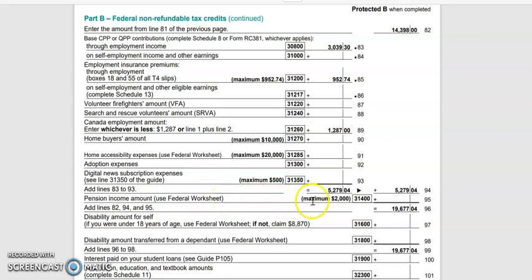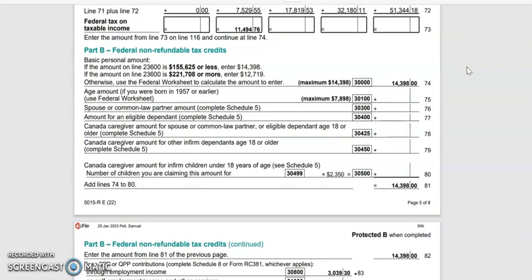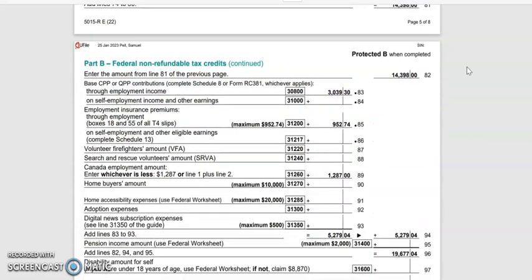Pension income amount, we have no pension income, so we know that nothing goes on line 95. So now it's saying add 82, 94, and 95. So we have 82, which is your 14,398, and the 14,398 came from your basic personal amount.